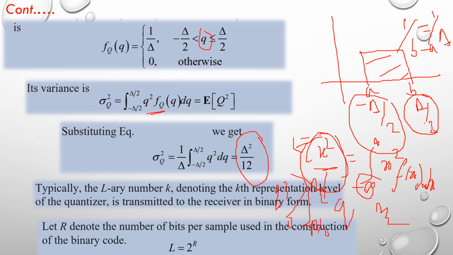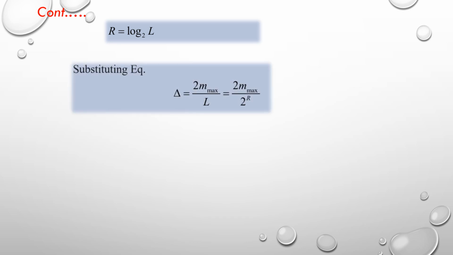So here L is equal to 2 to the power R, and R is equal to log base 2 of L. Now you substitute into the equation. Delta is equal to 2 m maximum divided by L, which is 2 m maximum divided by 2 to the power R. So this is the step size, when the range varies from minus m maximum to plus m maximum.